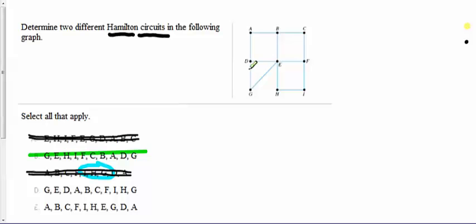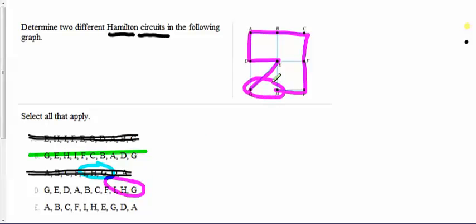Okay, so purple, let's start with G. So we're on to D now. G, E, D, A, B, C, F, I, H, and again it had HG in there for some reason, but there is no edge from H to G. So we do not have a valid Hamilton circuit.